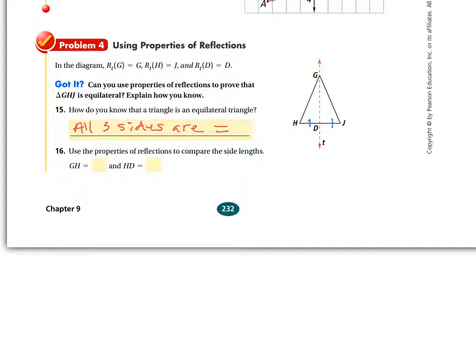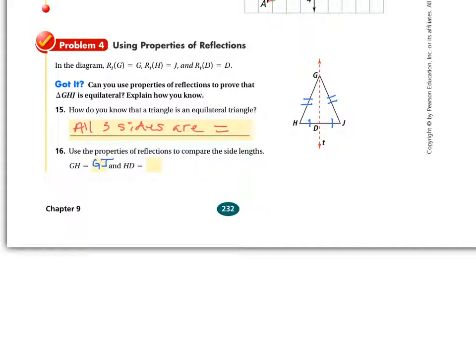So use the properties of reflections to compare the side lengths. GH is exactly equal to what? GJ. So then I'm going to put double tick marks on those sides.